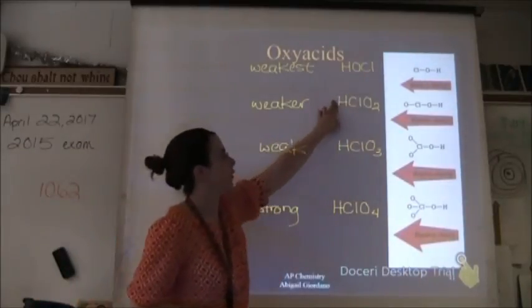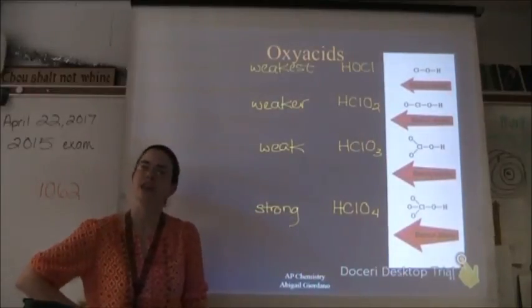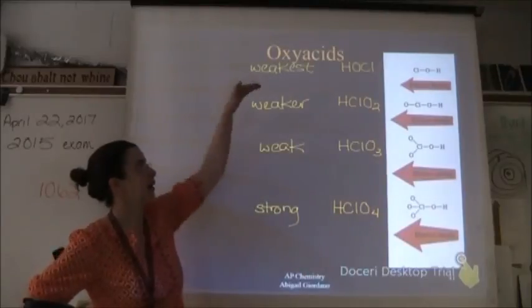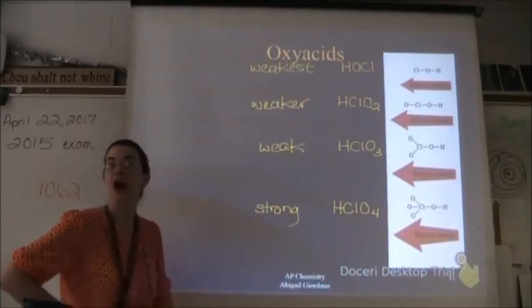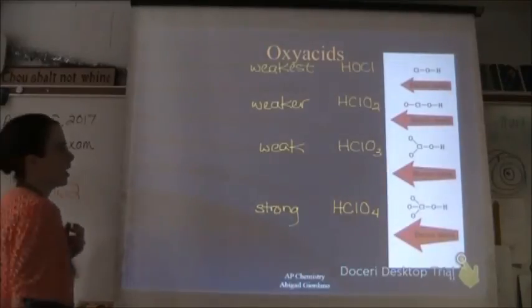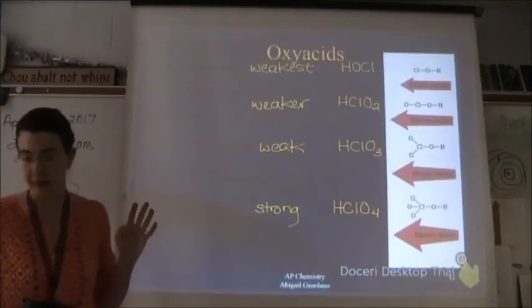As I move down here, why are the acids getting progressively stronger? Why do you think? Every time I move down, I'm gaining another oxygen. Additional oxygens must make an acid stronger, and I want you to understand why that is. Okay? And this is only for oxyacids, okay? Because we're talking about oxygen.